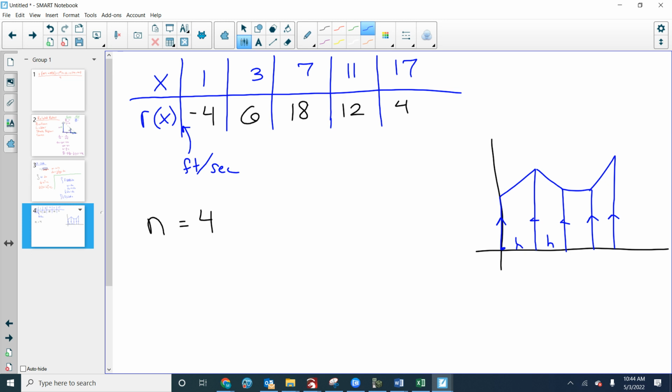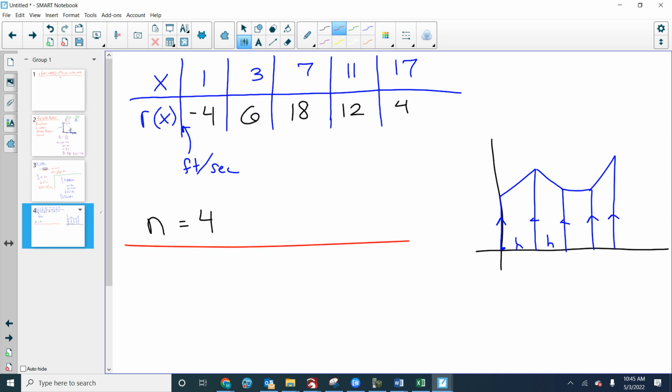Here's a quick piece of advice. It is very rare that you need the trapezoidal sum formula for the AP test. Now that I say that, they'll probably throw it on there. But most of the time, you could do it with 4 separate trapezoids. Okay? Well, I would organize my work this way.